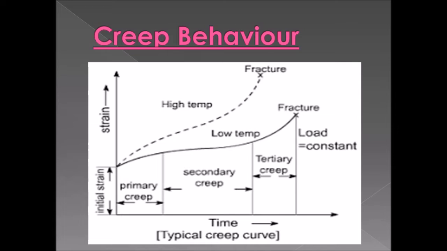Okay, so इसलिए हम बोल सकते हैं कि when we apply a constant load, it will with time lead to the ultimate failure of the bone or may cause fracture of the bone. Okay, so this is all about the creep behavior of the bone.